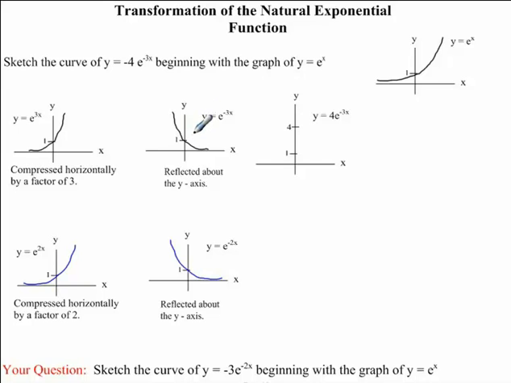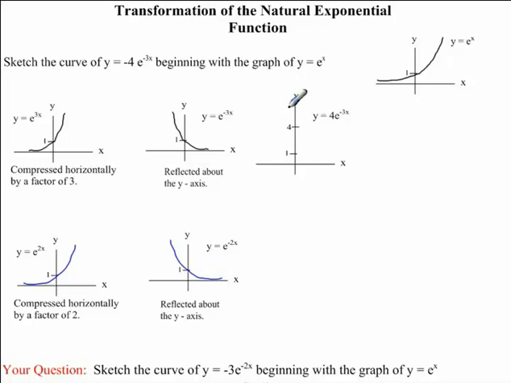So here our y-intercept was 1. In our new graph, we need to multiply this number by 4. So our new y-intercept will be right here at the point 0, 4. All we're going to do is we're going to take all these y values and multiply them by 4. So our new graph will look something similar to this. Remember, it's just a sketch, so we want to be as accurate as we can, but we don't need to be entirely accurate.